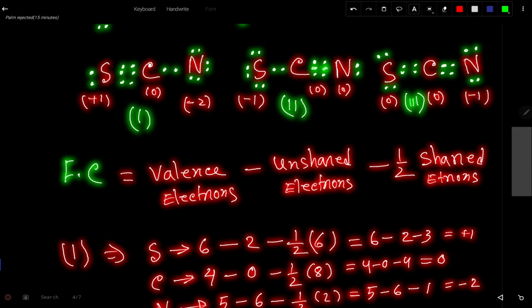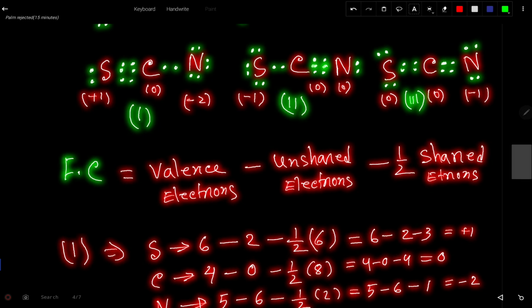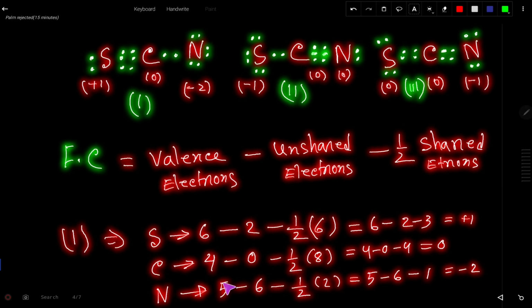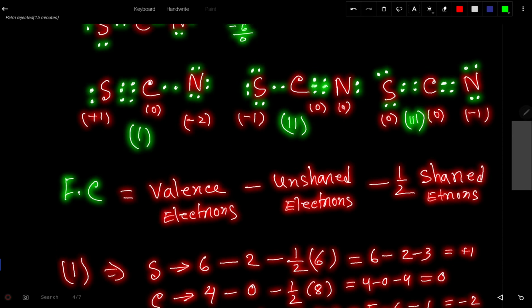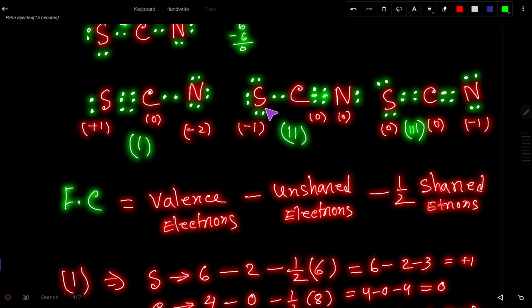And for nitrogen, which has 5 valence electrons, the unshared electrons are 6, and half of the shared electrons is 1. After calculation we are getting -2, right? Thus we have calculated the formal charge for structure 1.